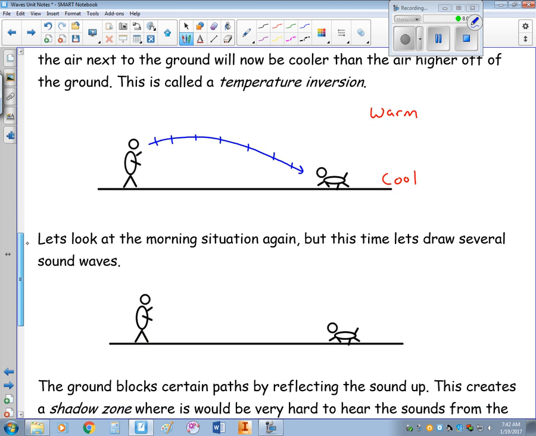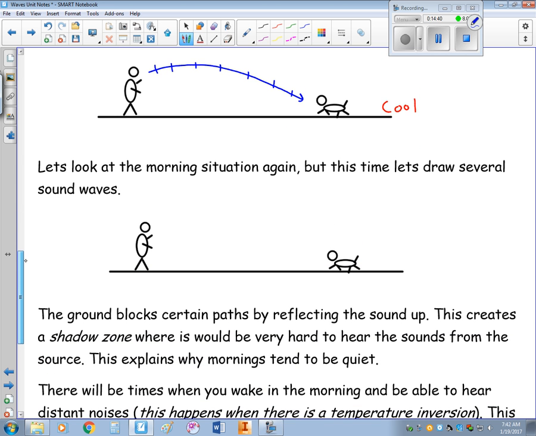Now let's take a look at this morning situation again, but let's draw several waves. And also, let's have a temperature inversion.